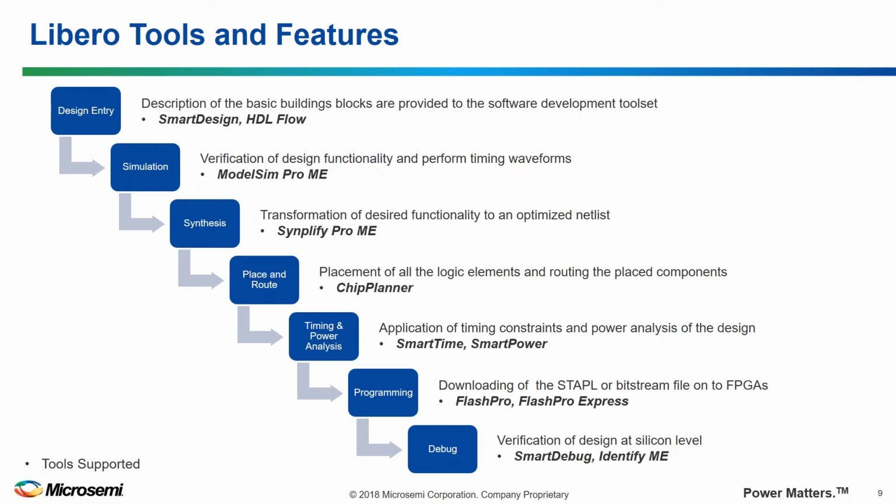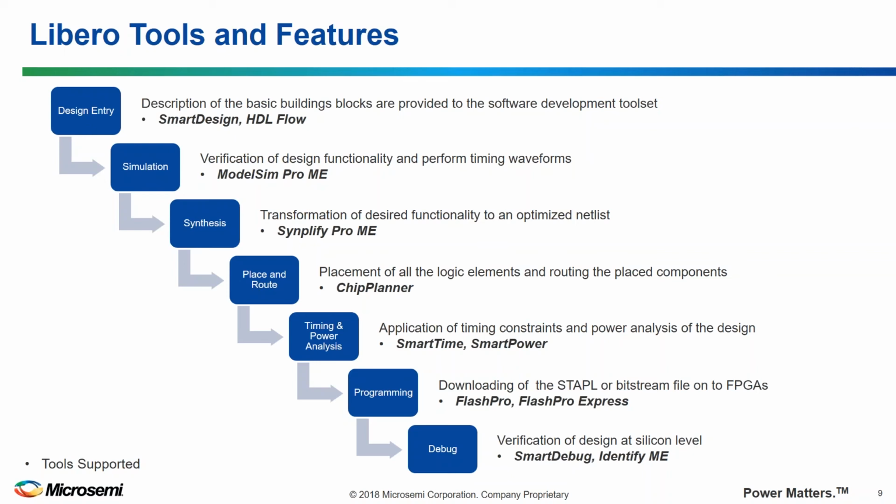You can also use the IP catalog that has IP cores included, and you can implement those as you build your design. When we get to verification, we can simulate our design to make sure it's functionally correct. Libero SoC PolarFire includes the ModelSim Pro ME simulator from Mentor Graphics.